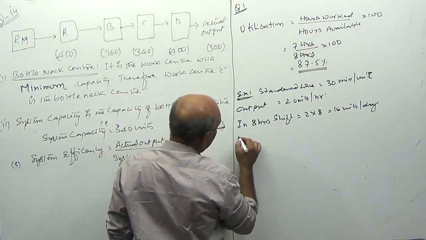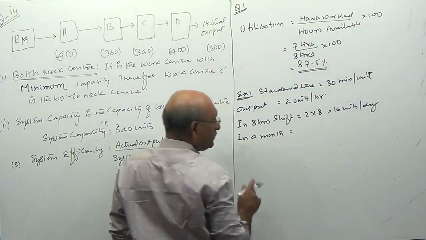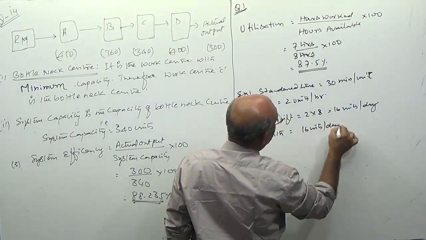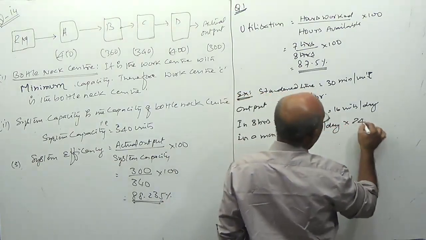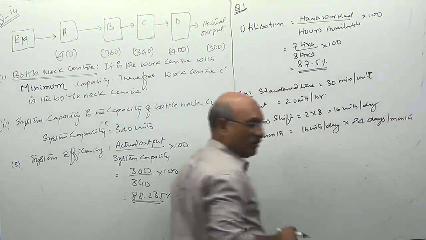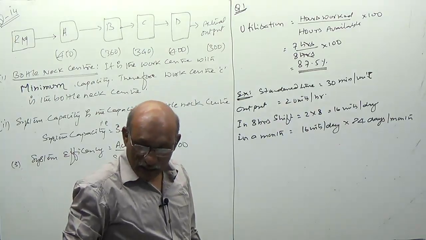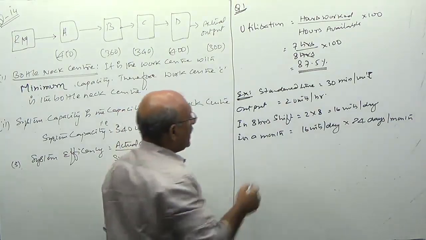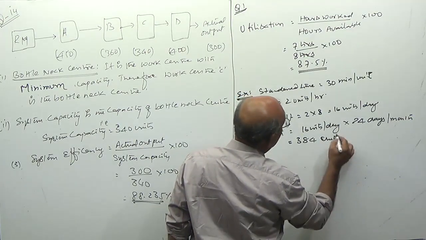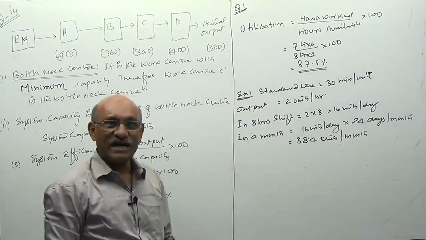So, in a month, 16 units per day into, let us take 24 days in a month. This is equal to 16 into 24, 384 units. 384 units per month the worker has to produce according to the standards.